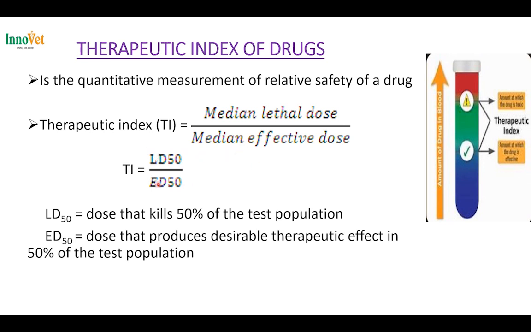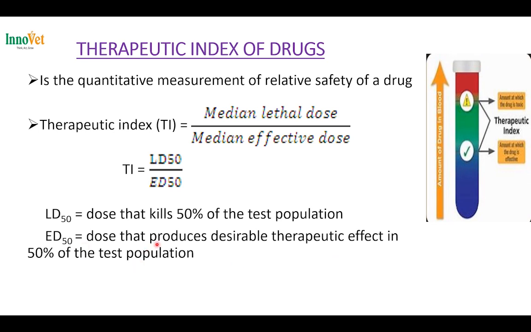In other words, the median lethal dose, or LD50, is that dose that kills 50% of the test population, and the median effective dose, or ED50, is the dose that produces the desired therapeutic effect in 50% of the population.